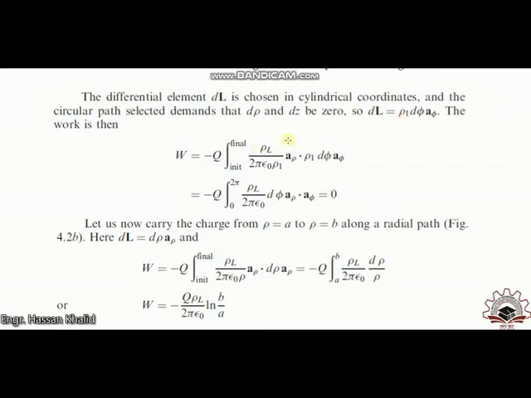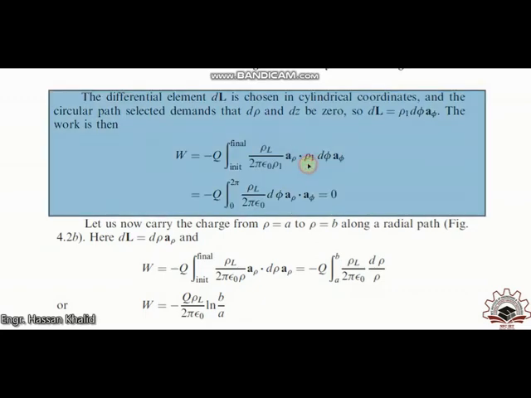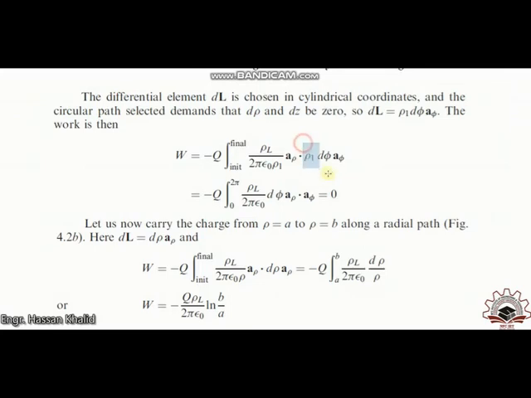Therefore the electric field intensity on the line is defined by this function, and dL will be rho1 d phi in the a phi direction, which is the unit vector. Now since a rho and a phi are perpendicular, their dot product will be 0.